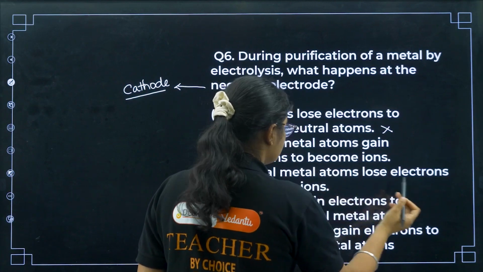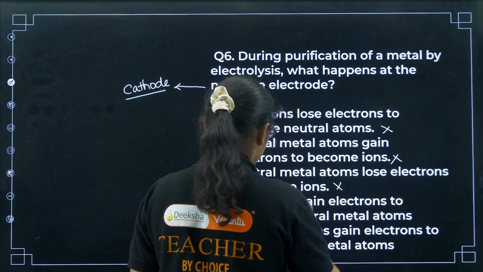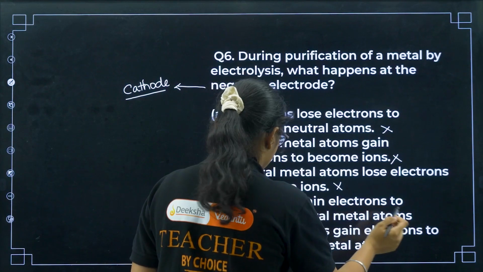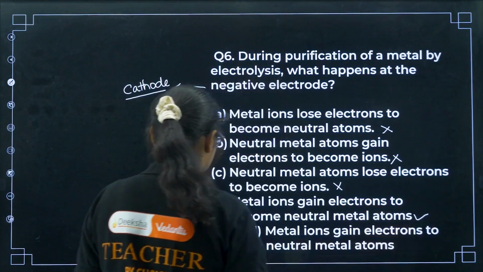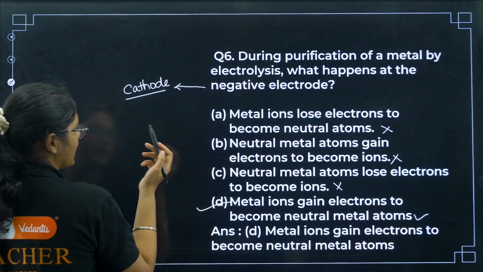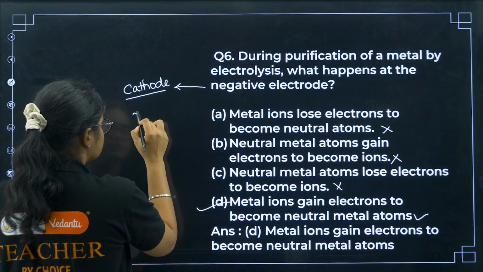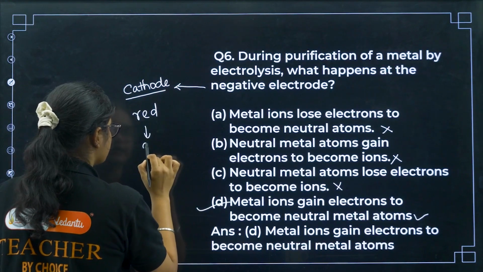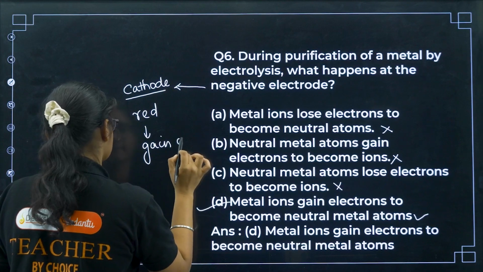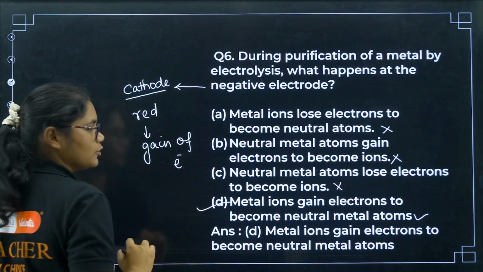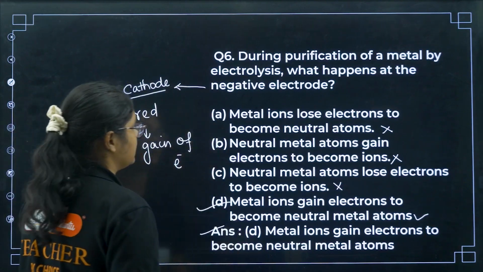Neutral metal atoms lose electrons to become ions? No. Metal ions gain electrons to become neutral metal atoms. Yes, that is what is happening. You can see at cathode, you should remember it is reduction. Reduction means gain of electron. Okay, so that is option number D here.